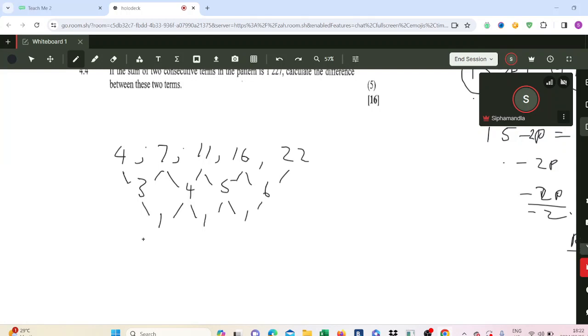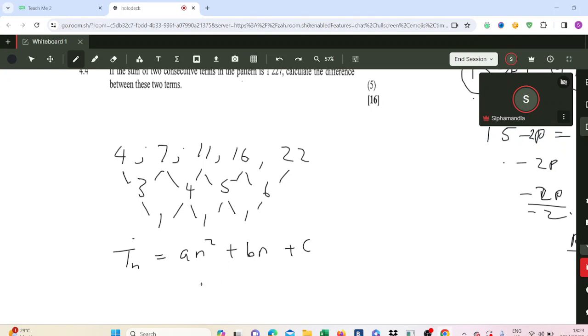By knowing the position, you can use the general equation to find the term that corresponds to that position. Okay, so since we are dealing with the quadratic number pattern, the general equation is Tn equal to an squared plus bn plus c, which is just taken from ax squared plus bx plus c.